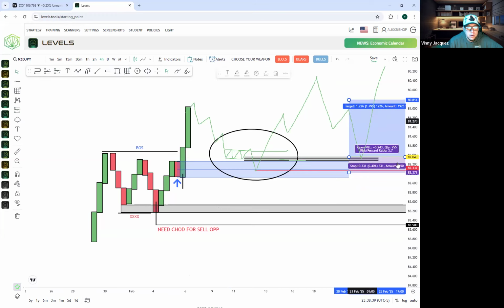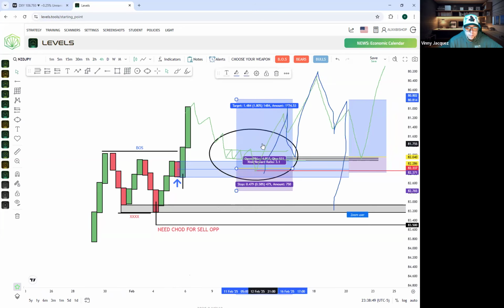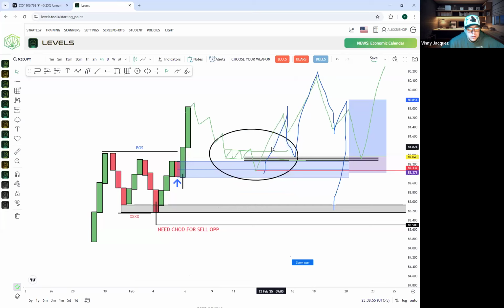Technically, this is where everything starts to get technical, guys. This trade was a win, right, Juan? So I'm already up 1-3. Can you delete that blue line, please?